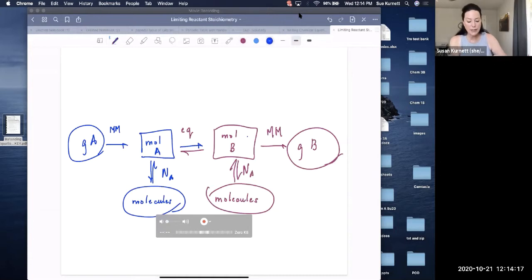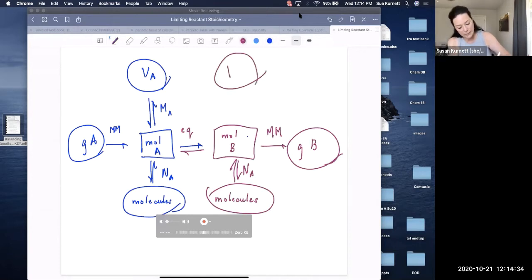Pretty soon we're going to get to things happening in solution. And so we're going to start with some volume of A. And in that case, we're going to be able to use a concentration unit, maybe molarity, to get to moles. So this is next week.